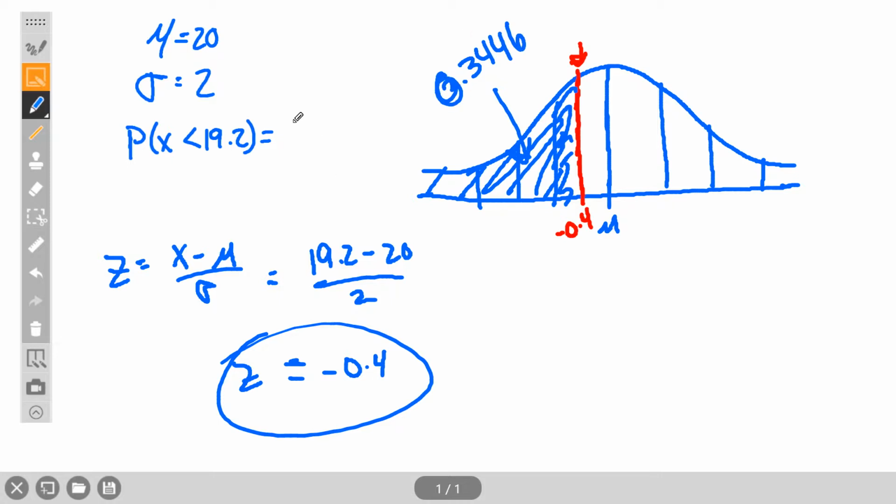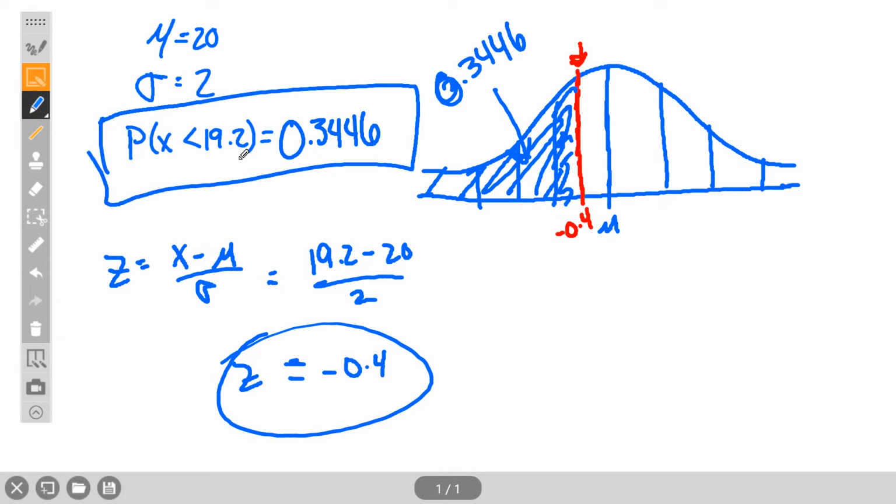Okay, so that's the probability that the weight is below 19.2. And this is the benefit of having a particular z-score, because it helps you very quickly calculate using the table how much data is below that particular point.